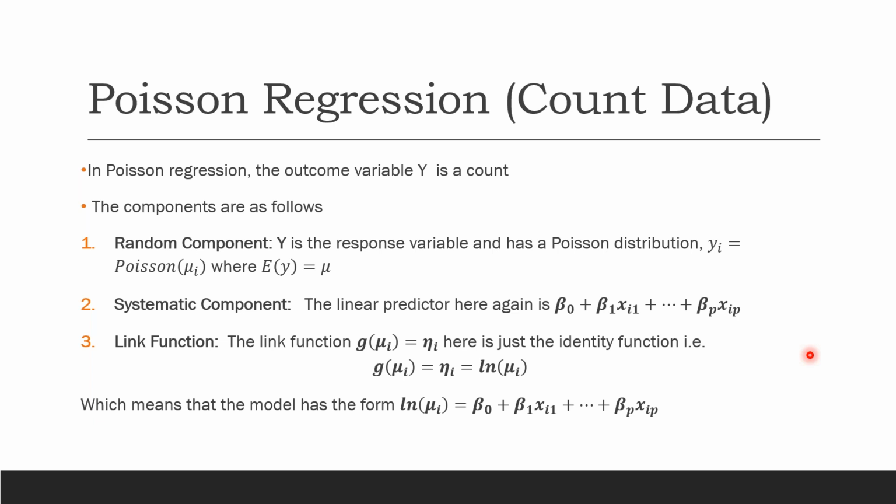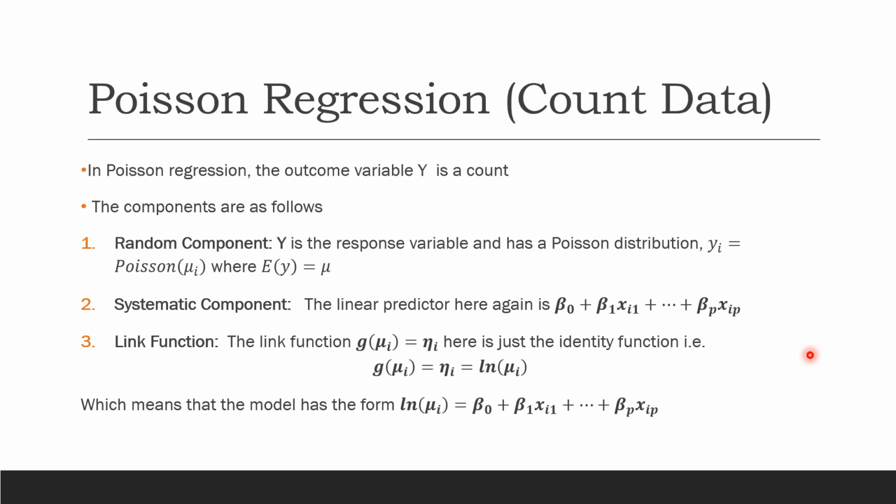The components of this model are as follows. You have the random component y, which is the response variable, and y follows the Poisson distribution. The Poisson distribution essentially models the number of events that happen in a certain period of time.